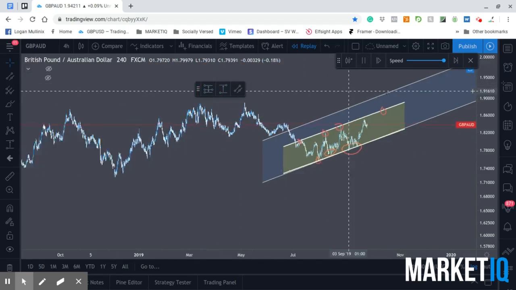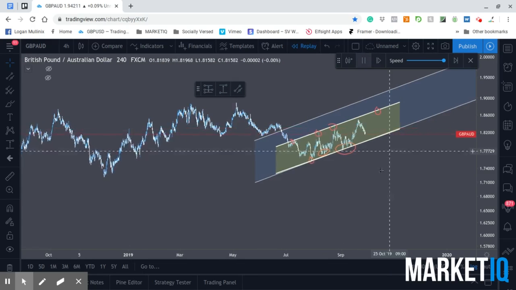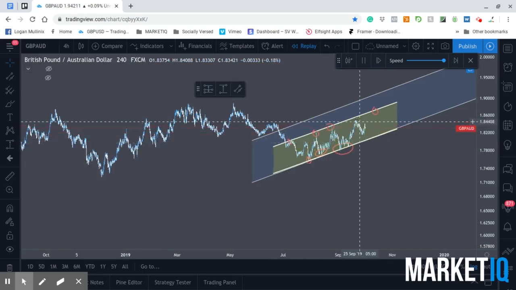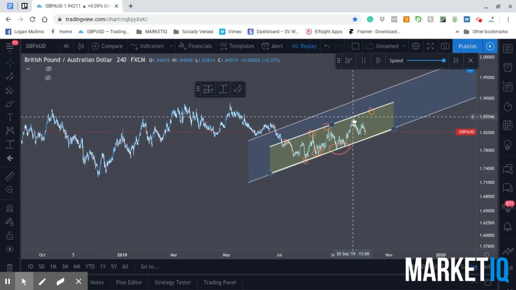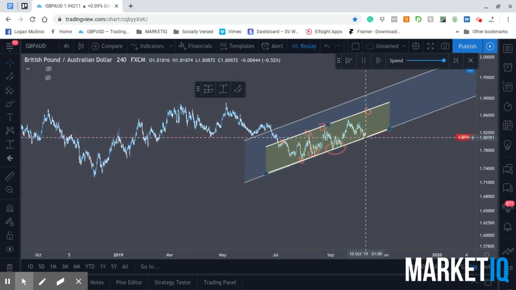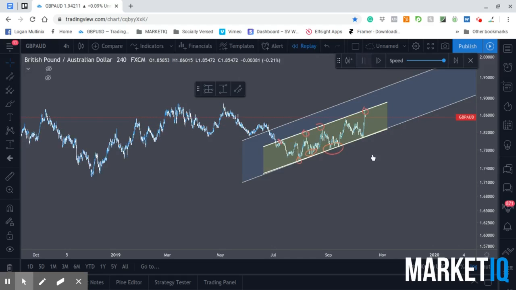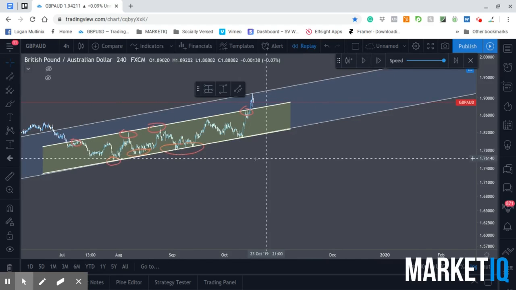As you can see, we have price moving right here. Since the channel is confirmed, we expect to place a sell when it hits here, and when it hits down here, a buy. So right here would be a buy. You see that? Let's zoom in and watch that once again.